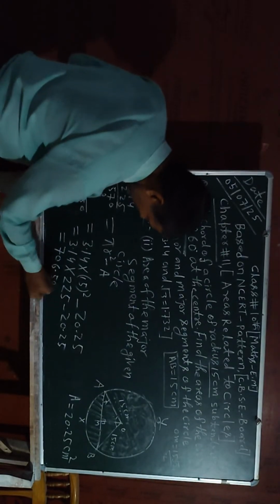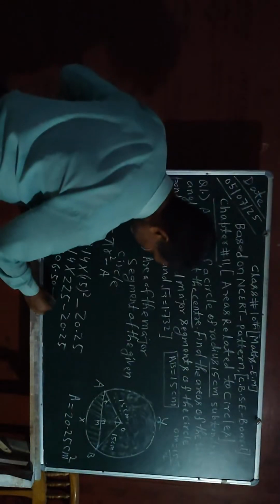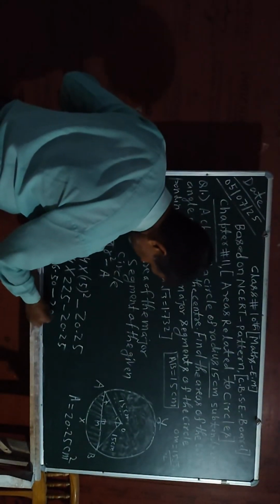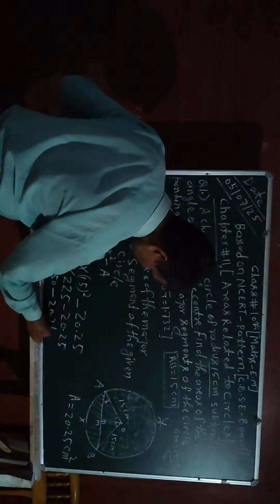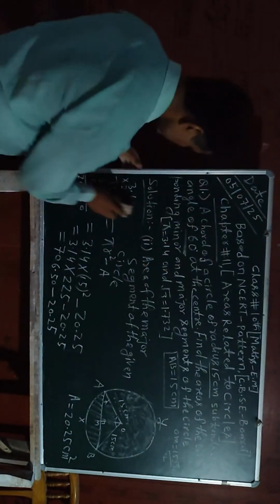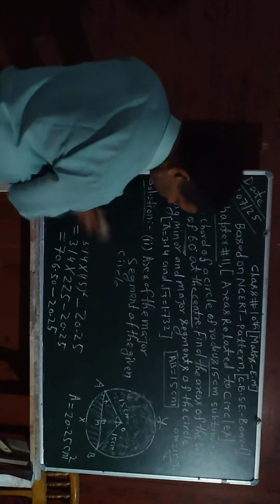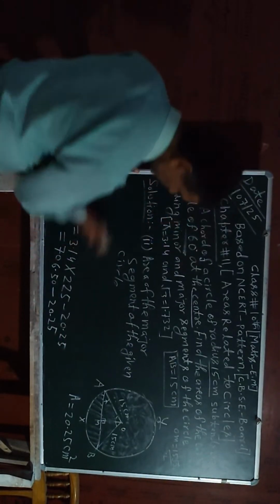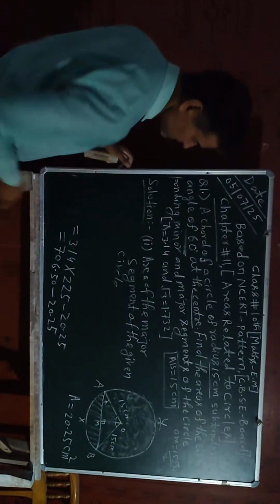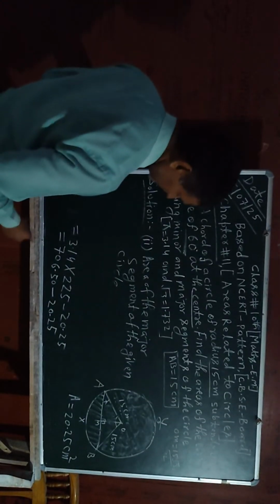706.50 minus 20.25. Okay, so this value I will subtract, and after subtracting I will get a value, and that value will be the answer of the area of the major segment.